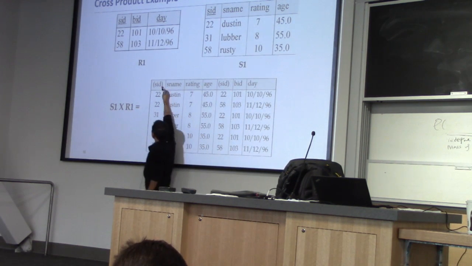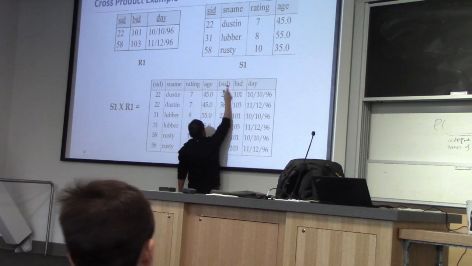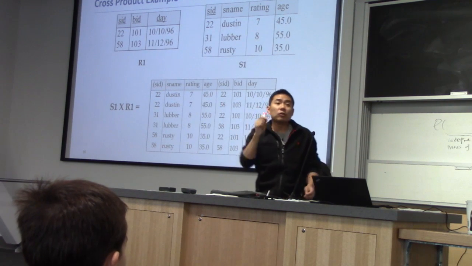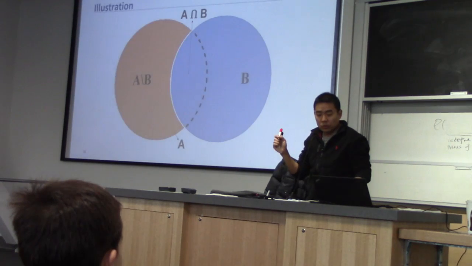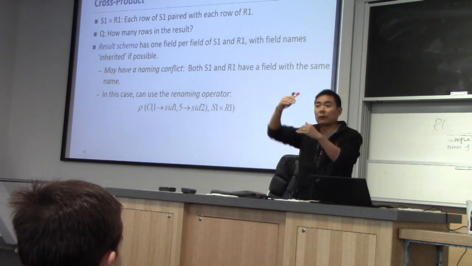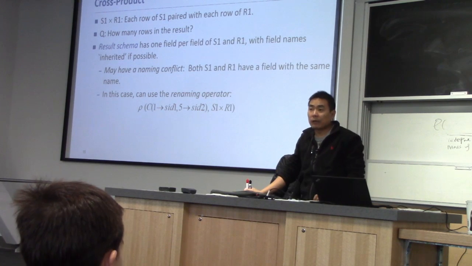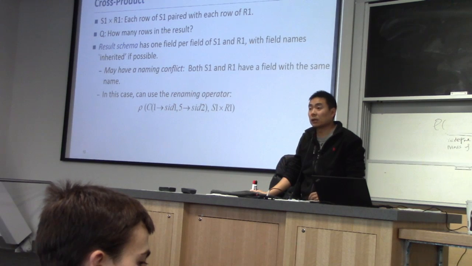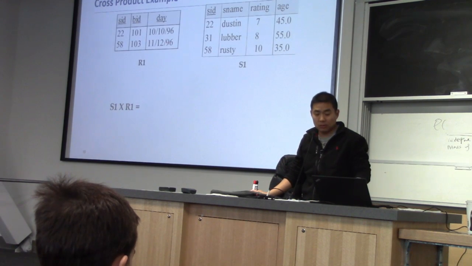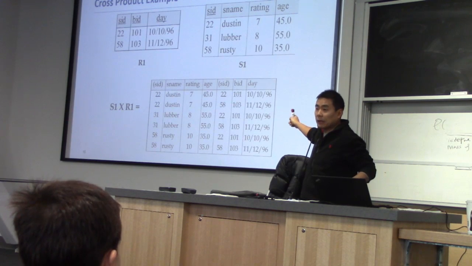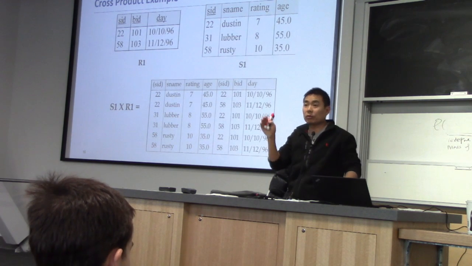So this will become SID1, and this will become SID2. What about those attributes that do not appear in the renaming operator? Well, they inherit whatever original name they have in the output schema. So there is no change. Sailor name, rating, age, and so on stay the same. Okay, that's the renaming operator.